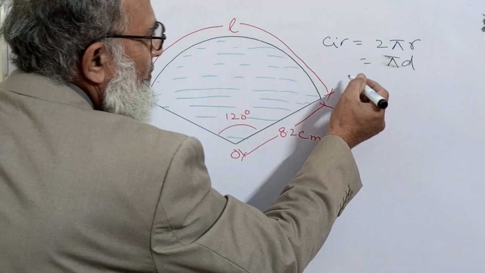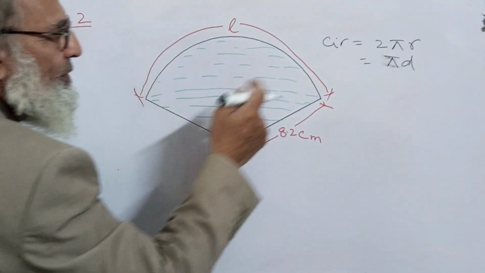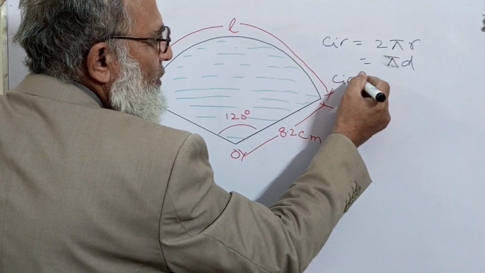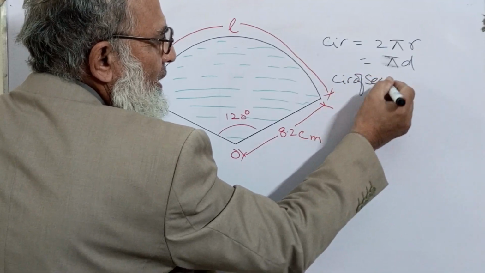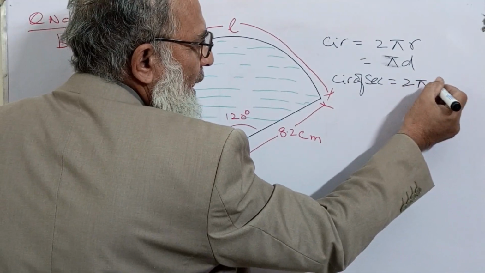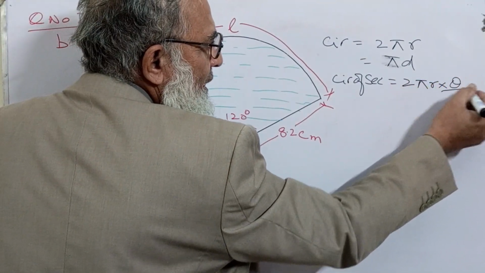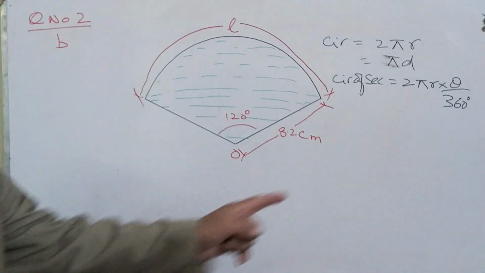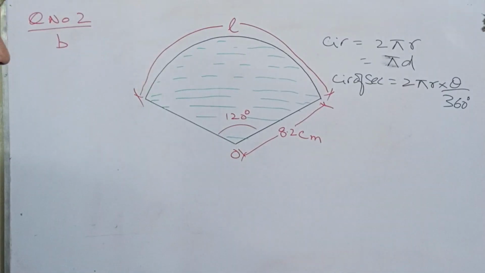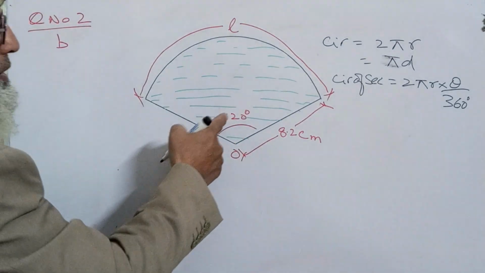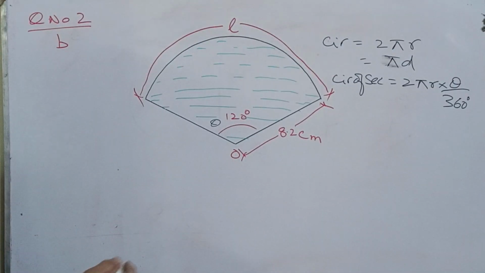But when the sector is given to us, when the arc length of the sector is asked, we have to find it like this: 2 pi r multiplied by theta upon 360 degree. Now what is theta here? Theta is the angle which is given to us, which is 120 degree.